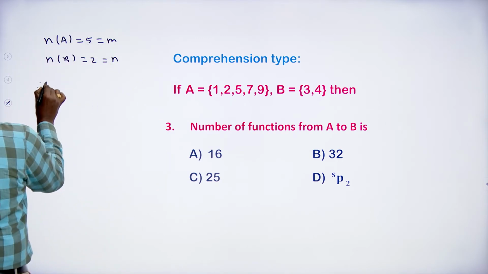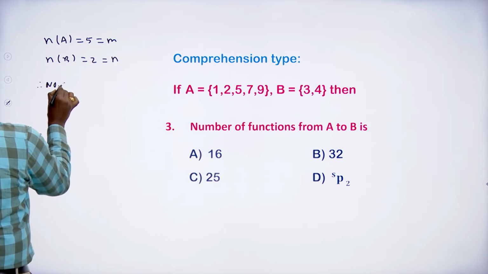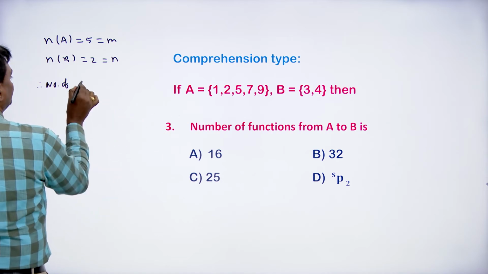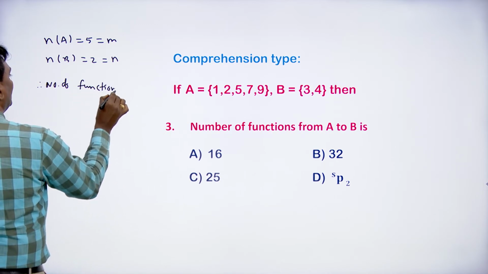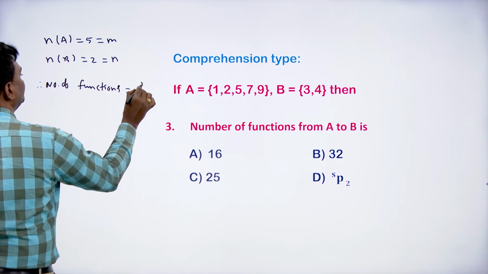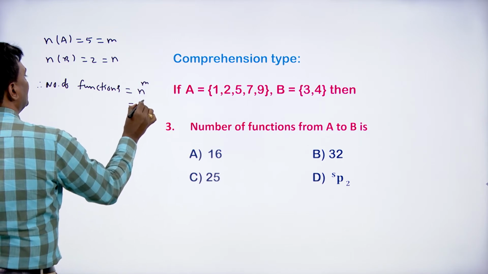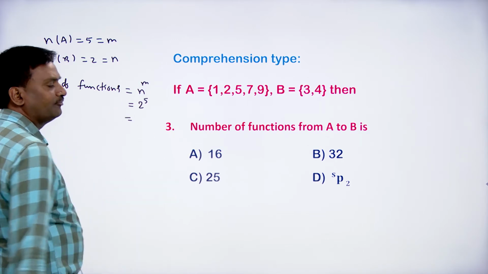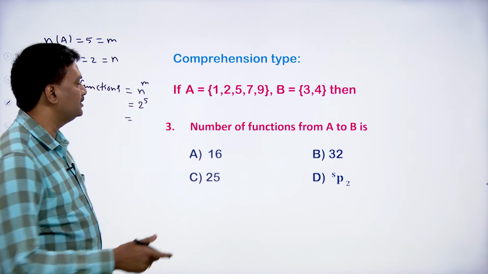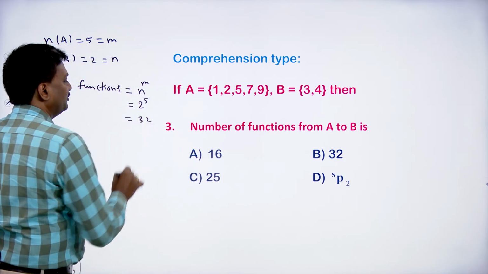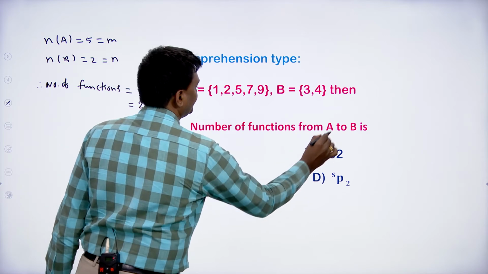Therefore, the formula for the number of functions is n power m. So that is 2 power 5. 2 power 5 means 2 into 2 into 2 into 2 into 2. So that is 32. So that's why, with respect to the options, we have option B.